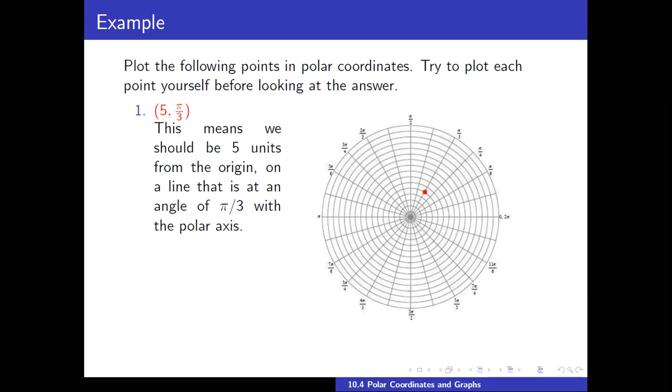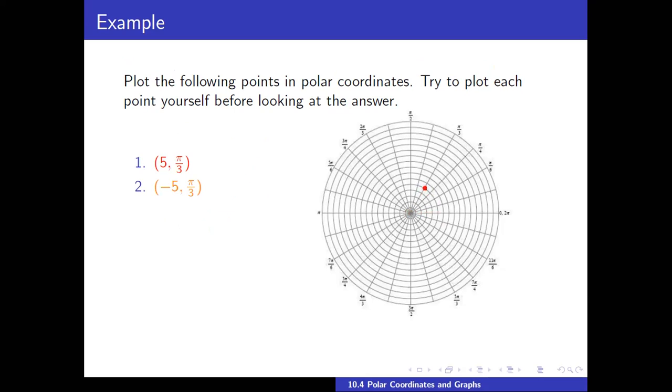Here's the pole. 1, 2, 3, 4, 5. This is 5 units right here. And then you rotate this thing by pi over 3 radians, yes? And so you end up right here, on this ray right here. Does that make sense? Okay, so that's 5 comma pi over 3.